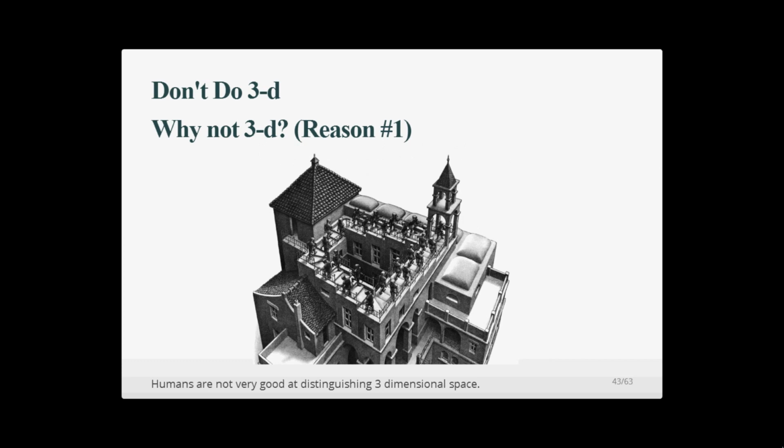Reason one for why we shouldn't use 3D: we see an M.C. Escher drawing here, and it's very difficult, in fact impossible, to figure out where the highest point is in these stairs. The reason is humans are not very good at distinguishing three-dimensional space. We're very good at two-dimensional space. Remember, two-dimensional position was the best way to display quantitative data. However, we are much poorer at distinguishing three-dimensional space.